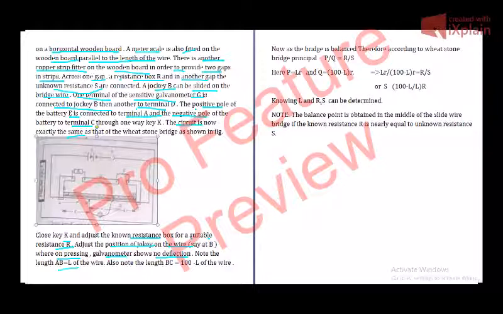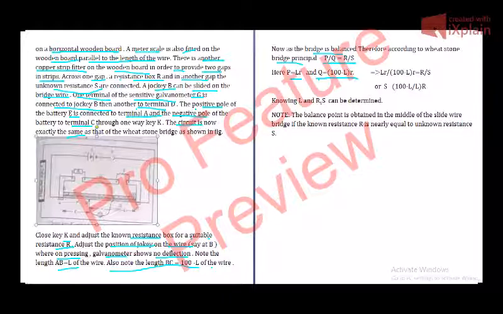Now note that length. Suppose that length AB is equal to L of the wire. Also note the length BC. As the total length is equal to 100 centimeter, the length BC will be 100 minus L. Now as the bridge is balanced, according to the Wheatstone bridge principle, P by Q is equal to R by S. Here P is equal to L into r, where r is the resistance per centimeter, so r into L is the total resistance of the wire of length L. Q is equal to 100 minus L into r.